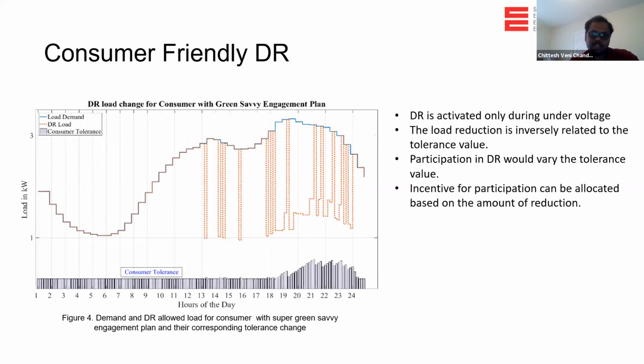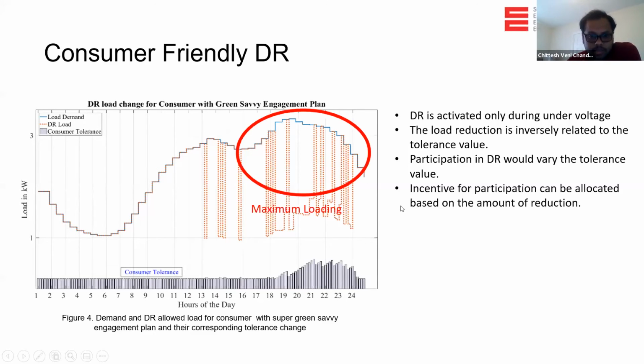At this interval, his tolerance value comes down. So it ensures that the same consumer is not repeatedly chosen, or chosen for a longer period of time, for load reduction. Rather, every consumer in the distribution network, participating in different plans, participates based on the engagement they prefer. This gives each consumer a sense of control over being part of this demand response.